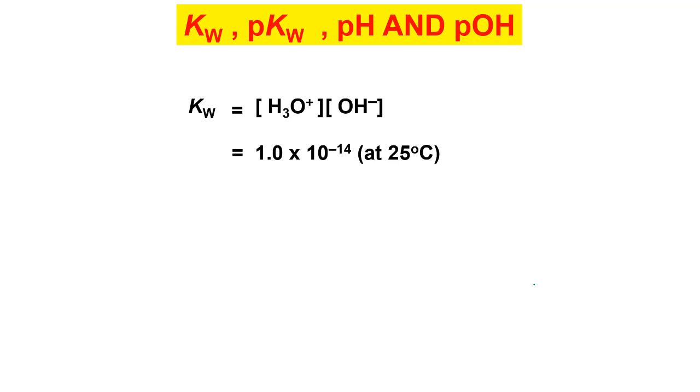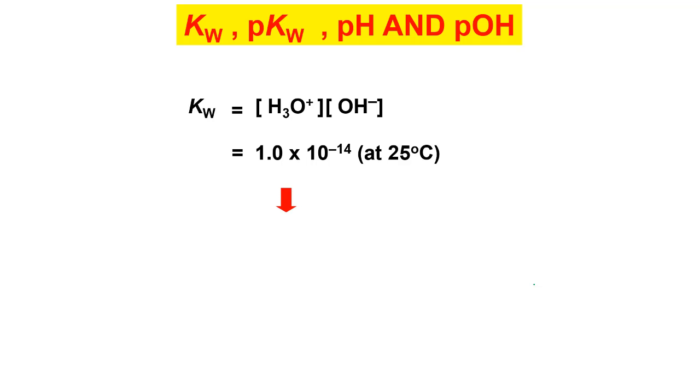Okay, Kw, pKw, pH and pOH. Alright. So Kw adalah ion product constant yang datang daripada autoionization of water. So this is the formula Kw equals to concentration of hydronium ion times concentration of hydroxide ion, and it is equals to 1.0 times 10 to the power of negative 14 at 25 degree Celsius.